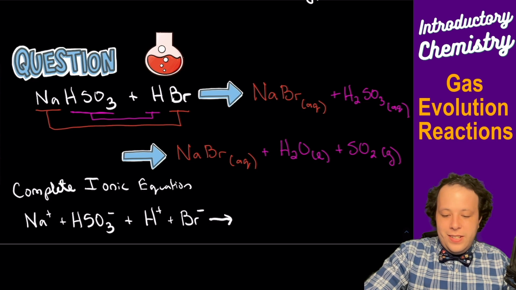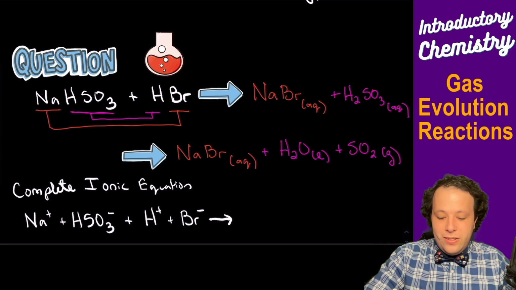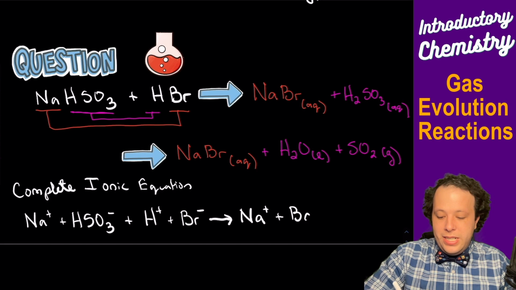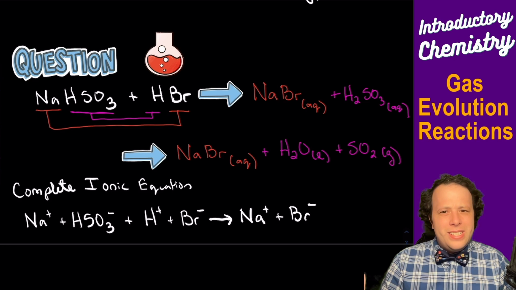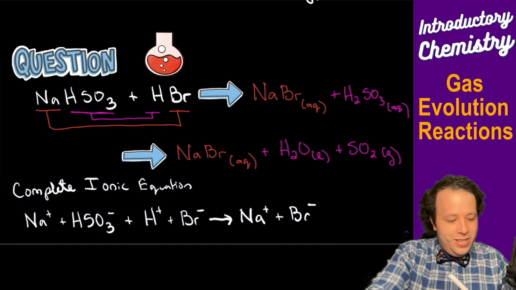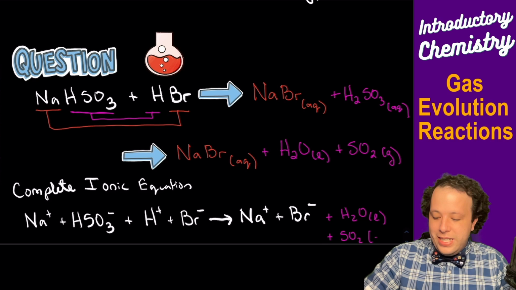And what this is going to break into is NaBr, which is also soluble based on our solubility rules: Na plus, Br minus. Now, is water soluble? Well, we just leave it as water. So H2O is going to remain as a liquid. And the same thing with SO2, that's also going to remain as a gas.